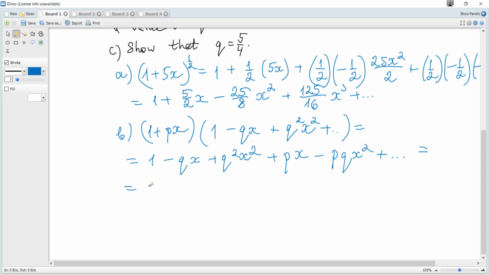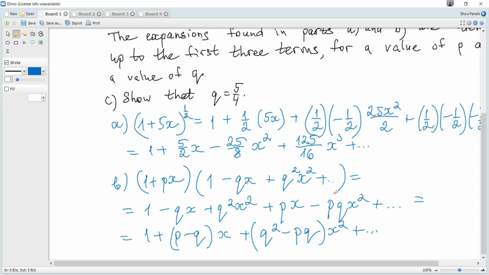Let's simplify, so it becomes 1 plus (p minus q) x plus (q squared minus pq) x squared and plus so on.